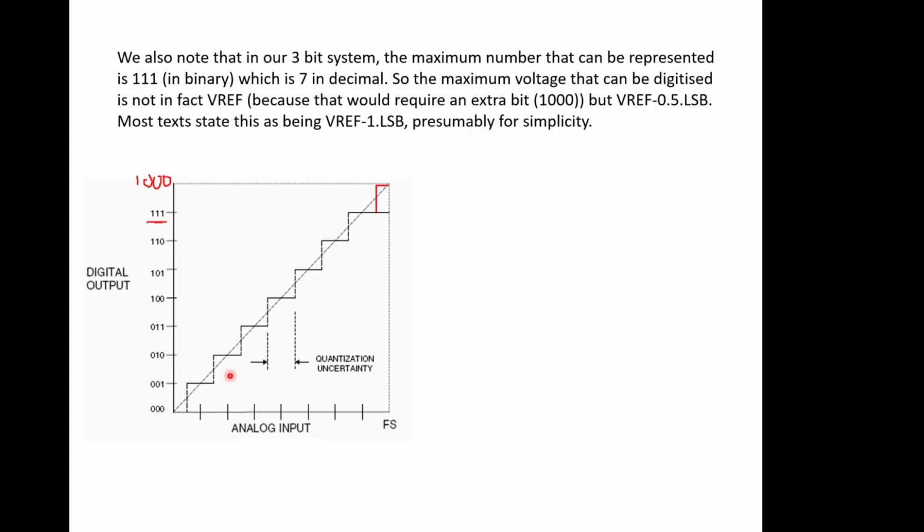In certain cases it's to do with where we've made this decision point here, because we could make this decision point here if we wanted to, or anywhere in between, and that would shift this decision staircase, if you like, either to the left or the right. But that just sort of hides the problem somewhere else.